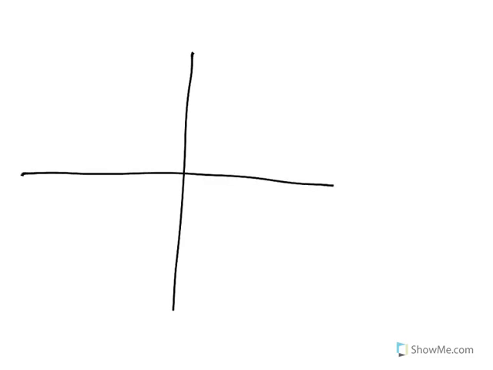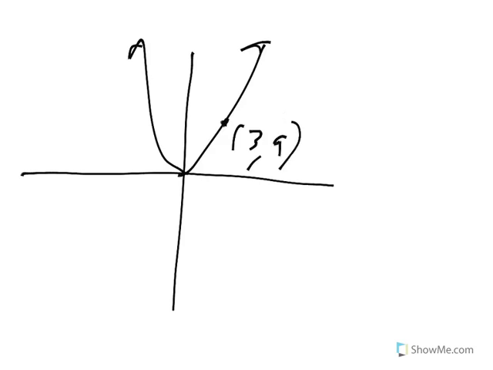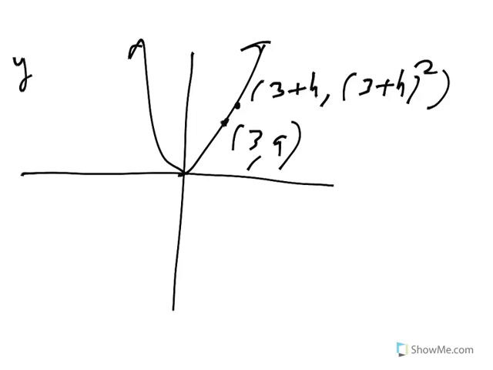Well, Fermat has a method that will lead to that. For Fermat's method, I'll use the point 3, 9, and I'll call this other point 3 plus h, where h is kind of like a small number, which makes the y-coordinate 3 plus h squared. This is still y equals x squared. That's a secant line because it goes through 2 points on the parabola.